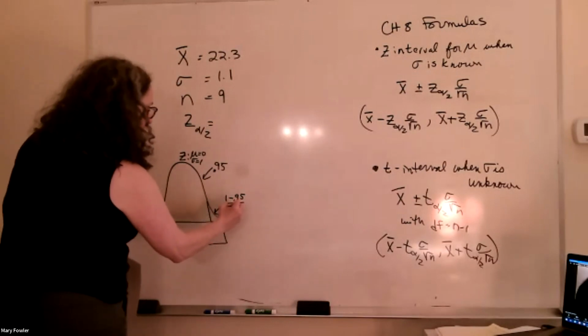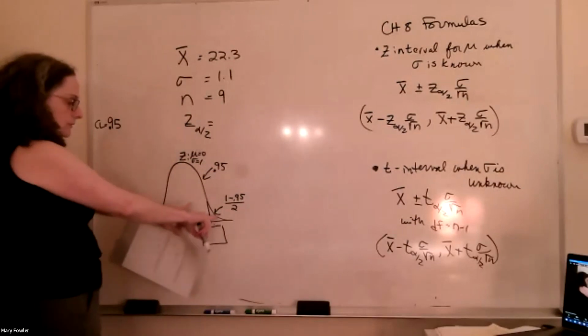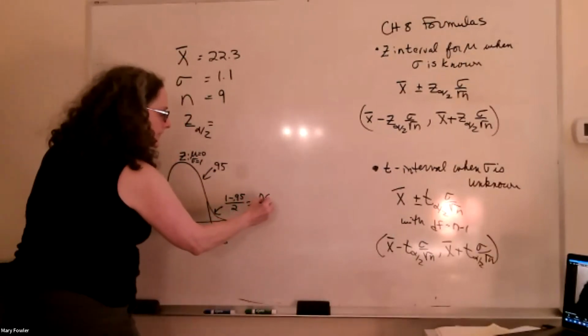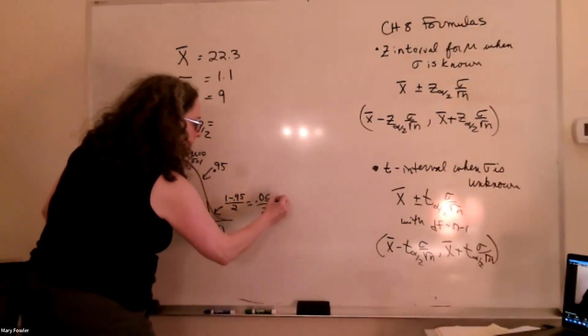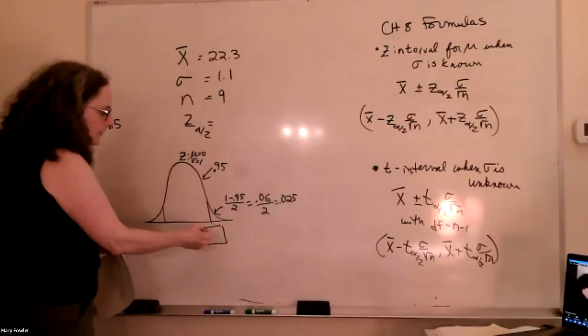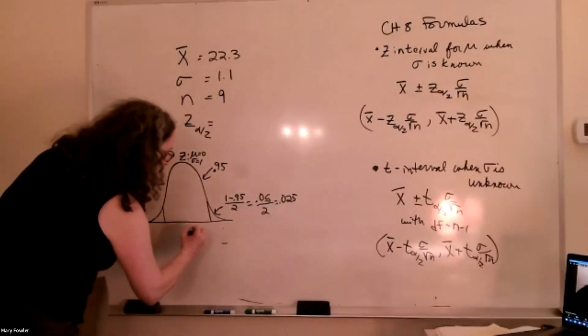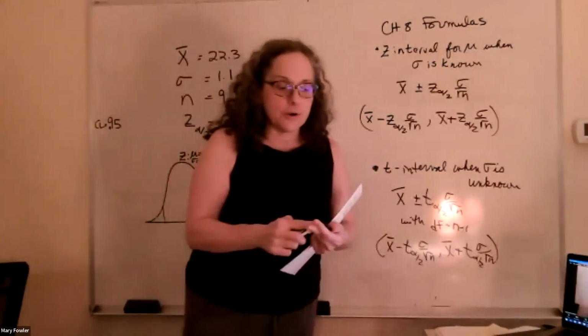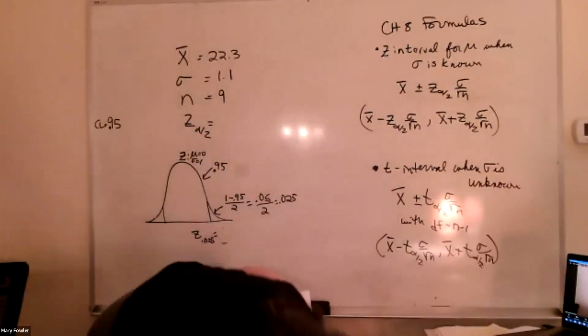Then we put it over 2 because we want just the area in the right tail. So it's 0.05 divided by 2, or 0.025. Now our Z sub alpha over 2 is actually Z sub 0.025, and we're going to go over to the formula card and find that value.